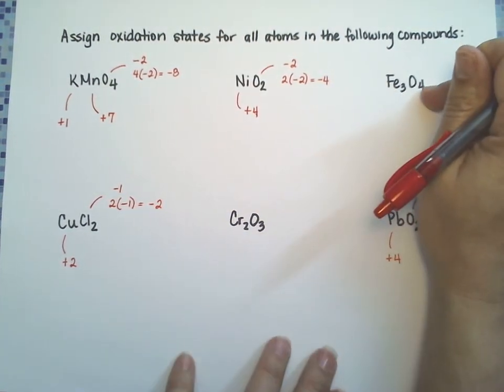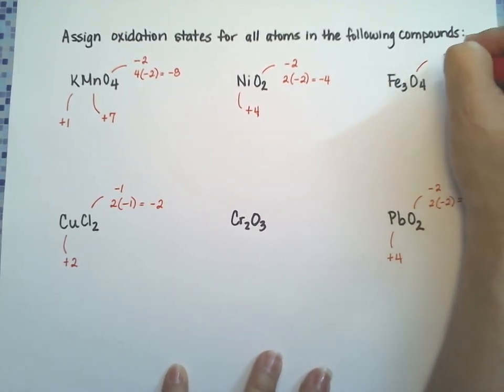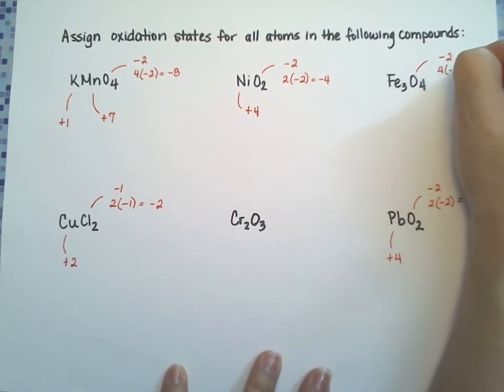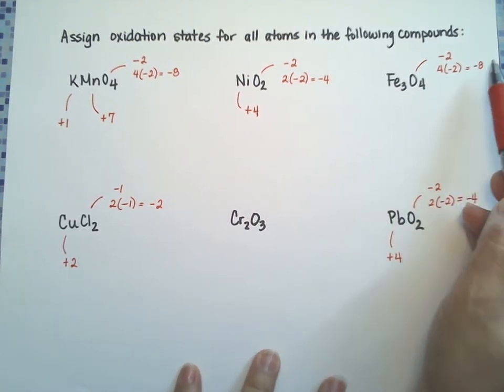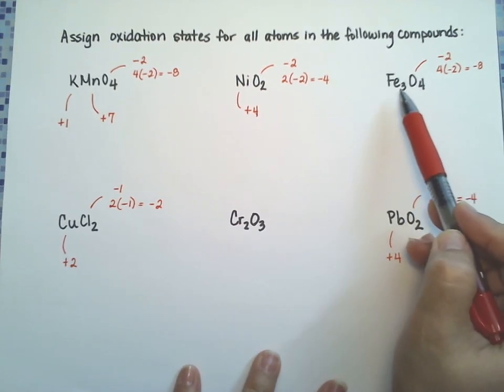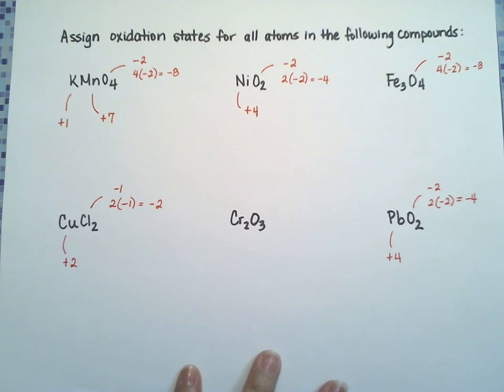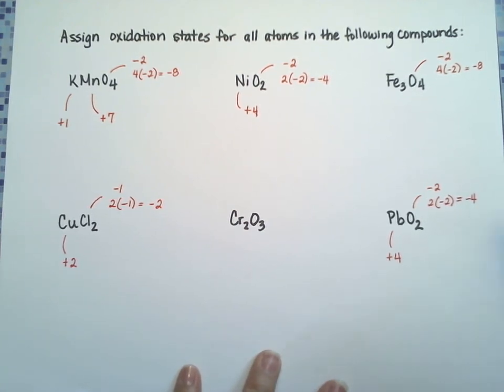Let's do the iron. This one's a little bit different, and you'll see why. Different, but the same. So again, the oxygens are -2. I have 4 oxygens. So that gives us -8. And there is no way I can divide those 8 negative charges among 3 irons and have them all be the same. So we're going to have to do a little bit of creative dividing.